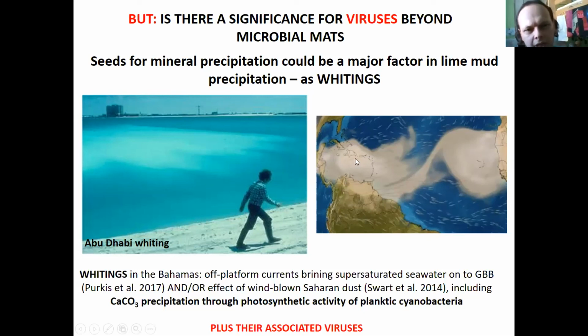Whiting, as you know, is a periodic, very massive production of calcium carbonate, particularly in the Bahamas, which is likely stimulated by dust blown from the Sahara Desert over the Atlantic to the Bahamas, where these nutrients are used by bacteria, in this case cyanobacteria, which bloom very massively.